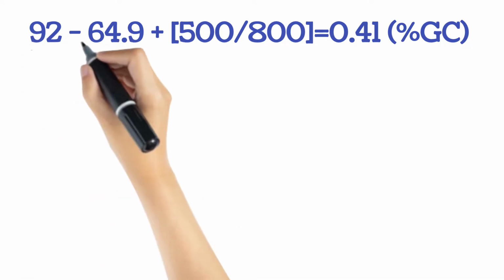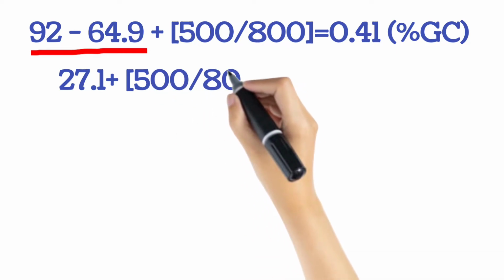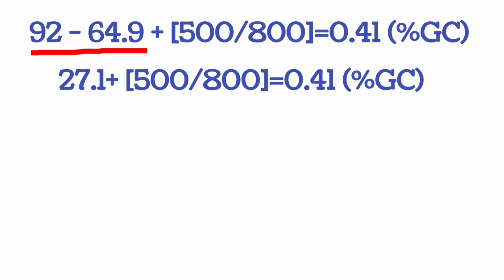You don't know percent GC. Now subtract these two values, 92 minus 64.9. It comes 27.1. Now the equation is 27.1 plus 500 by 800 is equal to 0.41 percent GC.